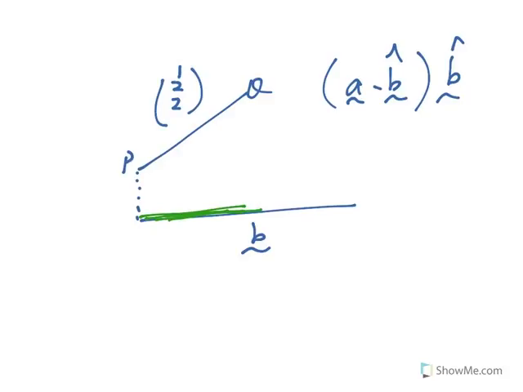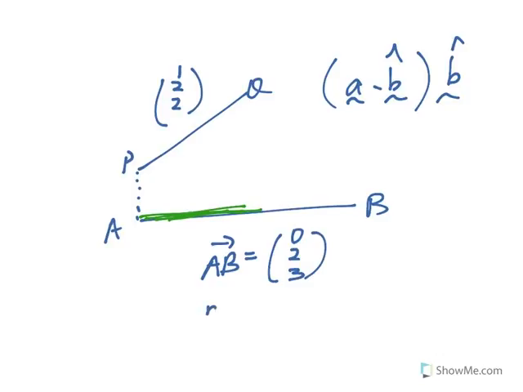B actually is our AB, and AB is equal to 0, 2, 3. We need a unit vector that lies along AB, so the N over here is equal to 1 over square root of 13, times 0, 2, 3. This N refers to the B hat that we have here.